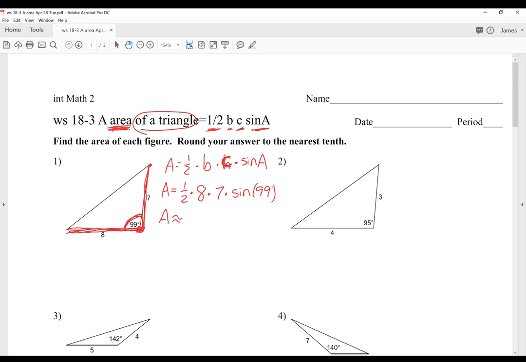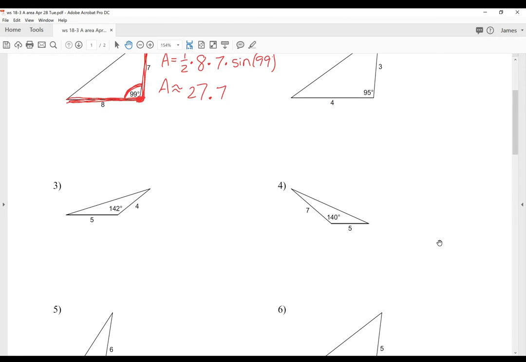In a cell phone calculator, you probably start with the 99 and then press sine and then press times 7 times 8 equals and then divided by 2. Eventually you're going to get 27.65, but it says rounded to the nearest tenth place, so the 6 goes up to a 7. So that's the answer.